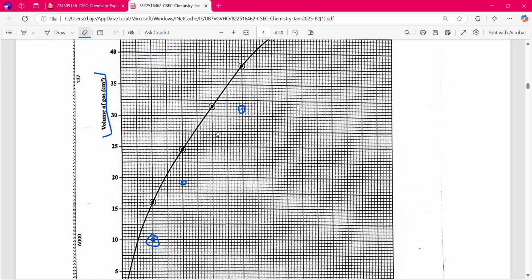I don't know, this graph is really hurting my eyes. This is 25. 21, 22, 23, 24, 25. The point earlier would have been 25.5, so it would be here.